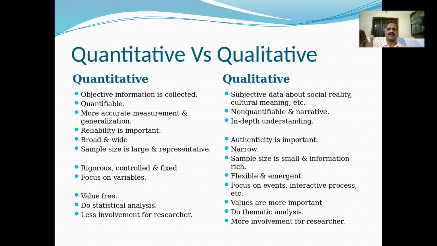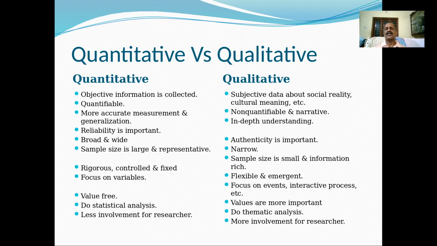What we see, what we measure, what we tell, that information in numerical form, or the quality we convert into numerical form, and we record that. There is no subjectivity at all. What we get, that we record. This is how objective information is collected.